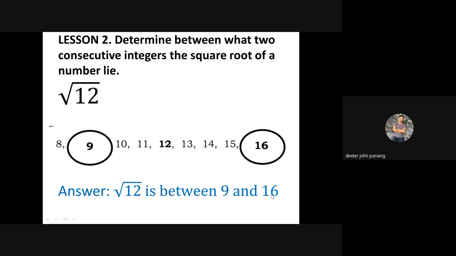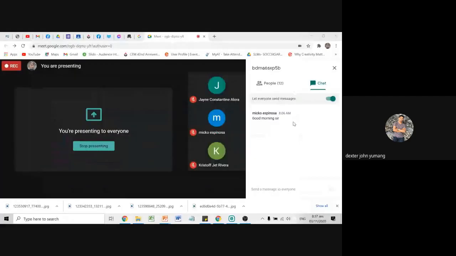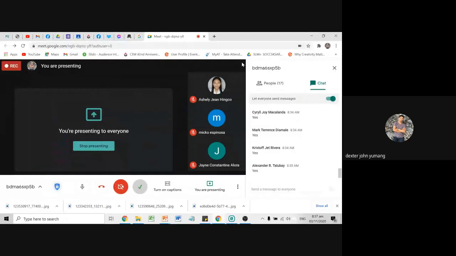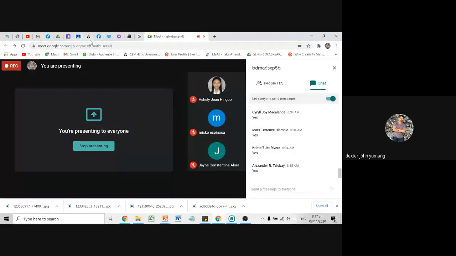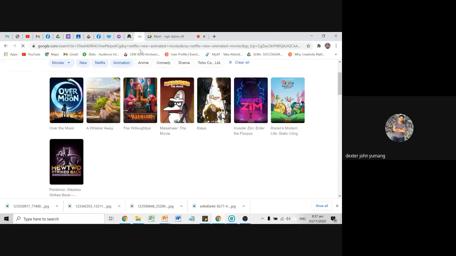Wala, mali. Mali ito, class. Double check ko, ha. Mali talaga ito, promise. Alam naman natin na ang 12 is between 9 and 16, di ba? Pero ang square root of 12, hindi siya between 9 and 16. Mali, wait lang. Let me see.